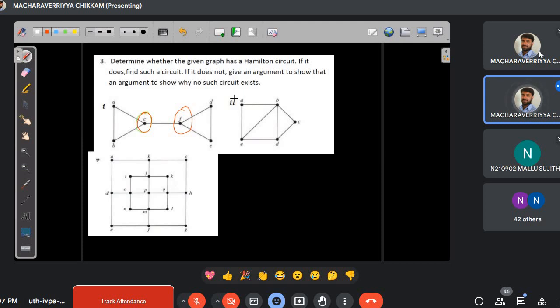How about the second one? Does it have any Hamilton circuit? How about a Hamilton path? It doesn't have a circuit. Does it have a Hamilton path? First example.